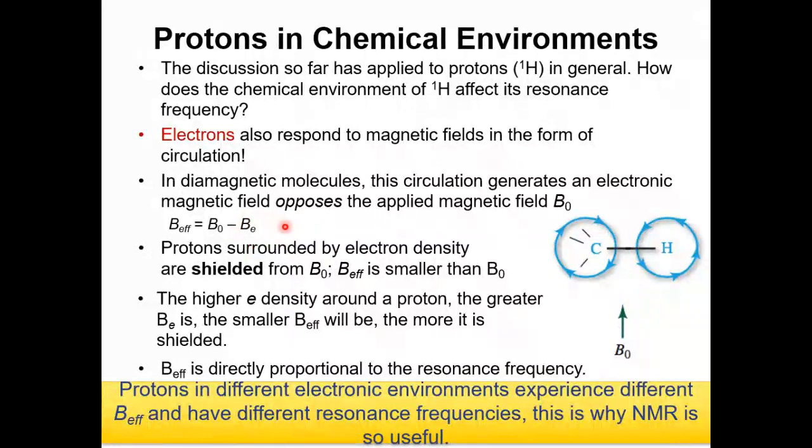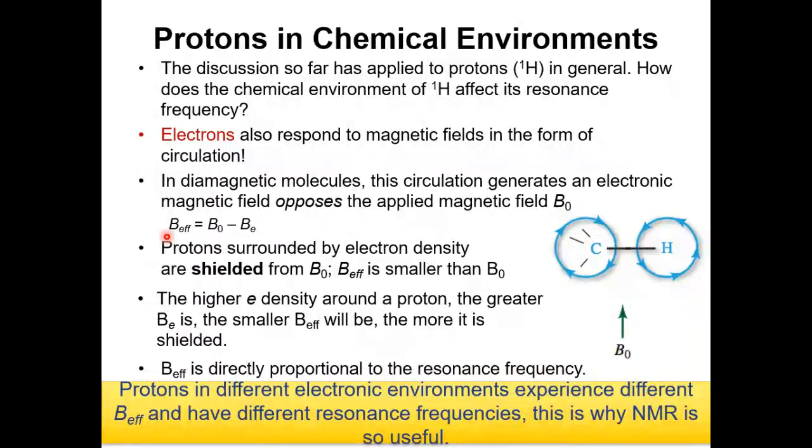So the net effect is that, because you have electrons around the proton, those electrons will circulate under the influence of the magnetic field, and the circulation of electrons will generate a field that's against the external field. So the net magnetic field experienced by the nucleus is a bit weaker because the nucleus has electrons around it.